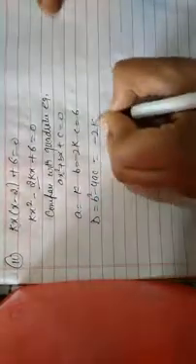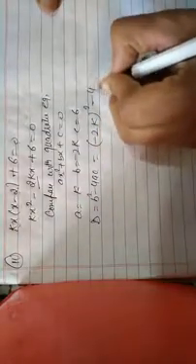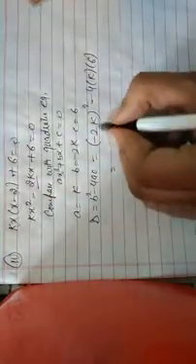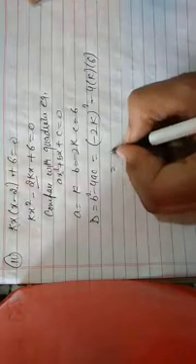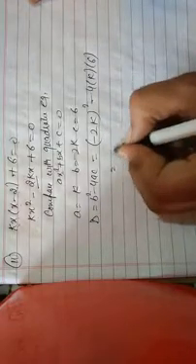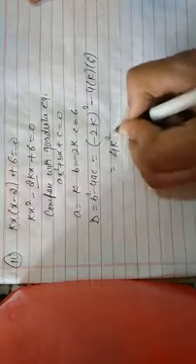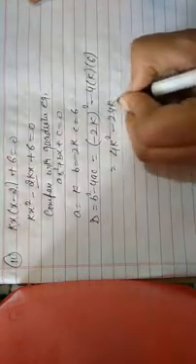D means discriminant, b square minus 4ac. b is minus 2k whole square, 4a is 4k, c is 6. Now minus 2k whole square means 4k square, and 4 times k times 6 is 24k.